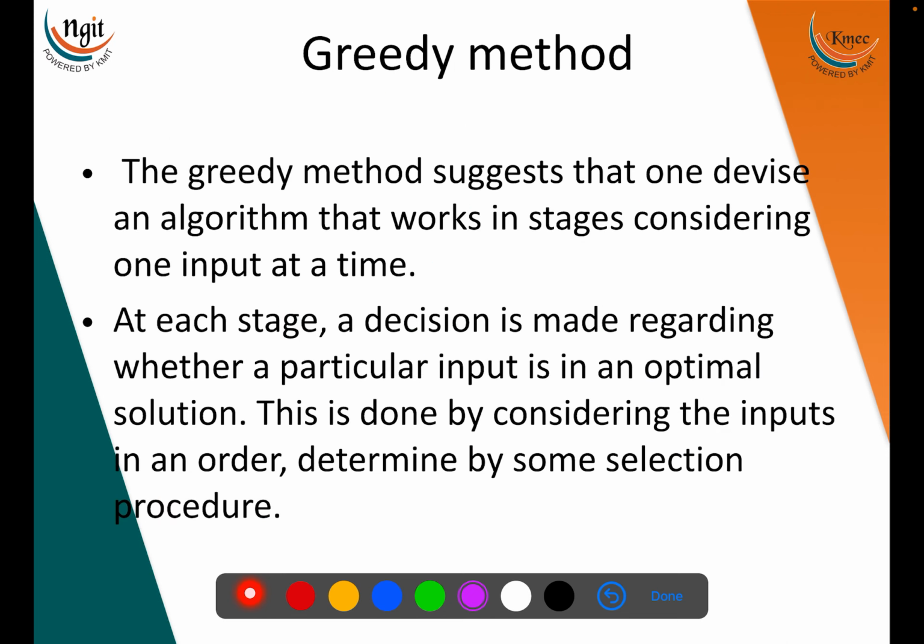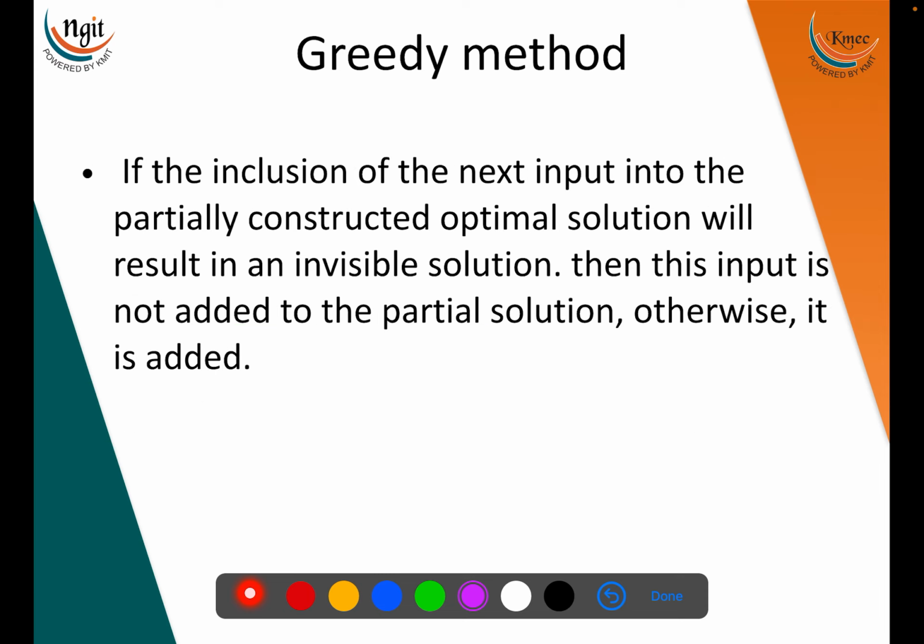So what we did is, at each stage, a decision is made regarding whether a particular input is part of an optimal solution or not. This is done by considering the inputs in an order and determining some selection procedure. If the inclusion of the next input into the partially constructed optimal solution results in an infeasible solution, then this input is not added to the partial solution.